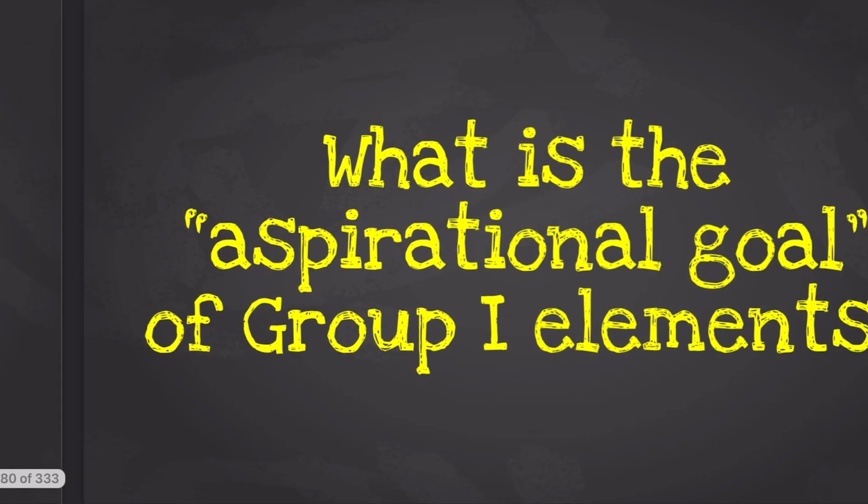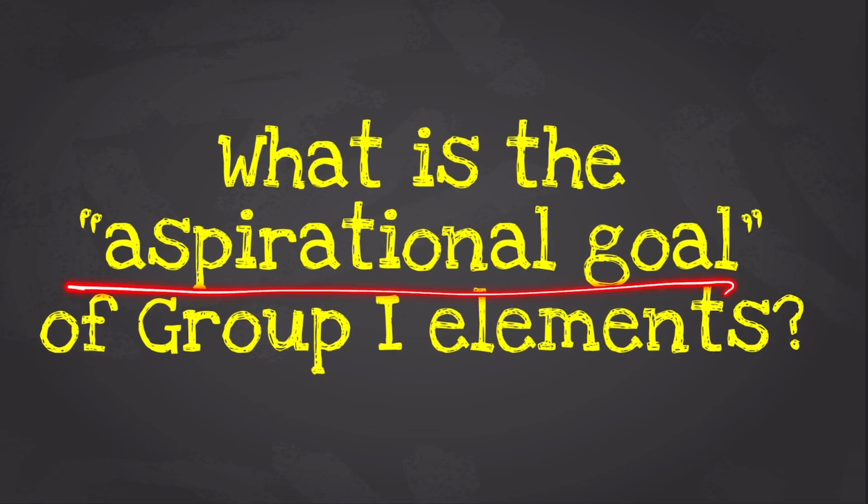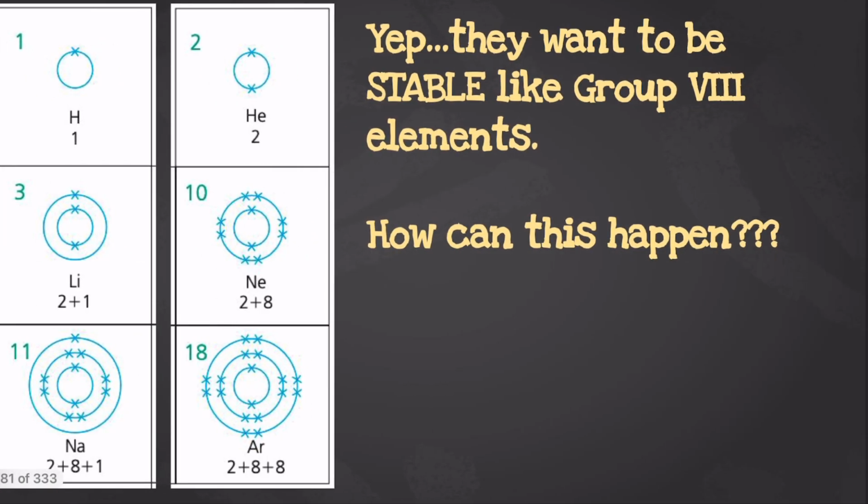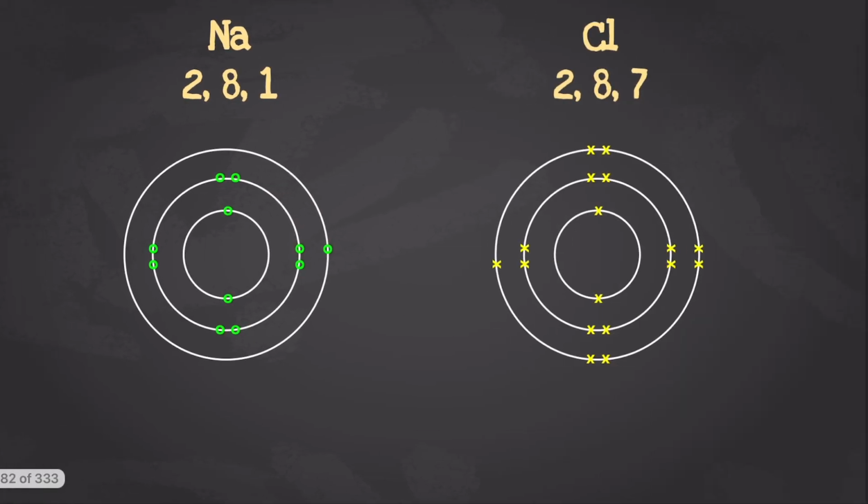So what is the aspirational goal of group 1 elements? As we said, their aspirational goal is to be stable like group 8 elements. They want to have a full outer shell. So the only way they can do that is to get rid of that extra electron. For example, sodium is a group 1 metal. And we know it's group 1 because it has one electron in its outer shell.